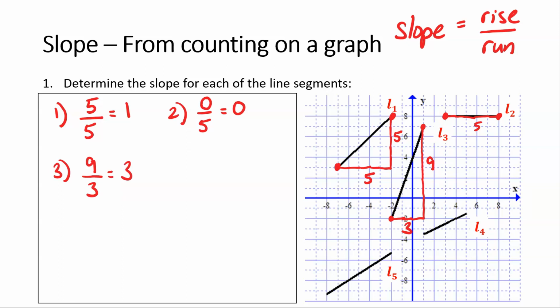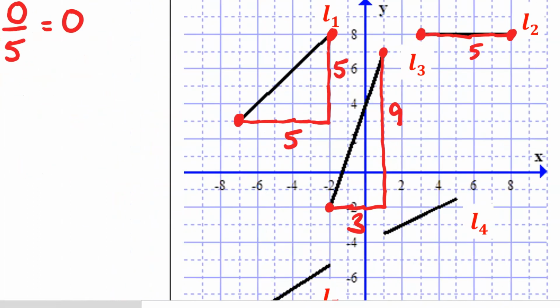Let's look at line 4 a little more closely. With lines 1 to 3, we were looking at the slope going from the first point on one end to the second point on another end. But if you notice with line 4, you're not at an exact value, right?